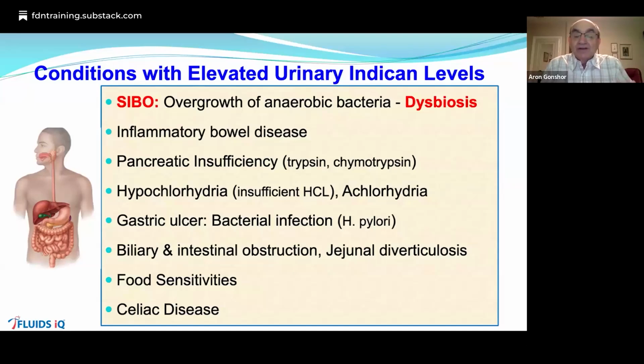Why is that important? Because they're not producing the enzymes properly, which are needed as part of the downstream metabolic effect on protein. I mentioned hypochloridria, insufficient HCl, people with ulcers, gastric ulcers, bacterial infection like H. pylori. You've all heard of that. Many of you probably do the H. pylori test, etc.